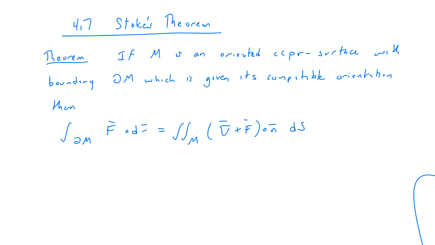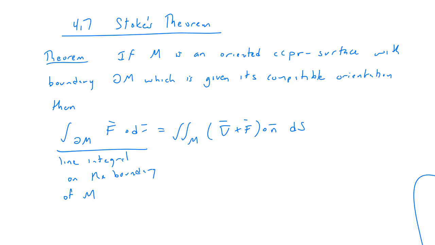So Stokes' theorem is a way that relates a line integral to a flow. So this is the line integral on the boundary of M. Here, M is again a two-dimensional surface in 3 dimensions.